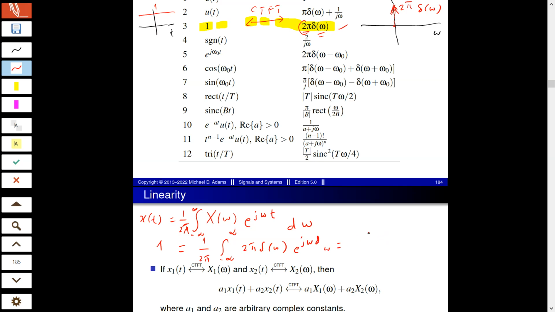So let's simplify this. And now I want you to be able to interpret this thing. So 2 pi cancels out, right? And I'm left with the integral of delta of omega times e to the j omega t d omega.